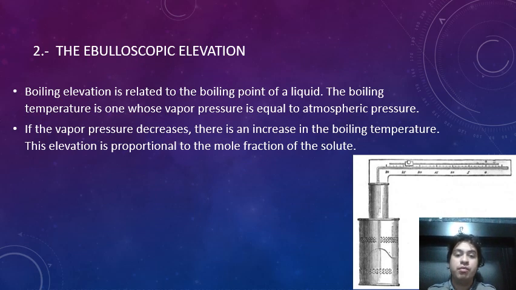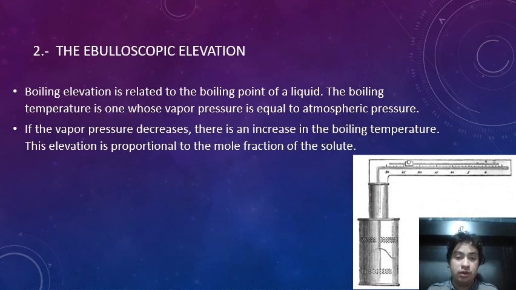Any decrease in vapor pressure will produce an increase in boiling temperature. The rise in boiling temperature is proportional to the mole fraction of the solute. The increase in the boiling temperature is proportional to the molar concentration of the solute.